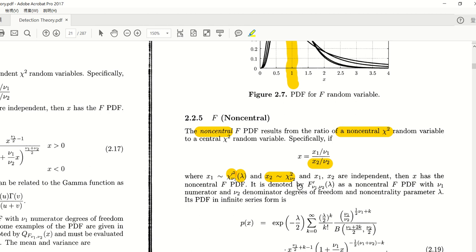And it's denoted by this F prime, because for non-central we denote it by F prime. It will be just a notation. It has no particular meaning. It's not like you take a derivative of something.